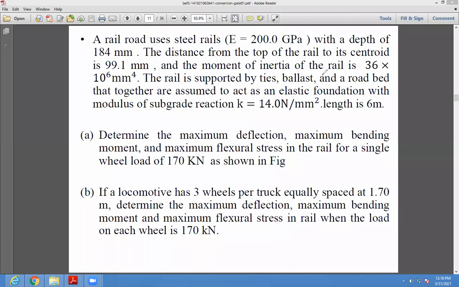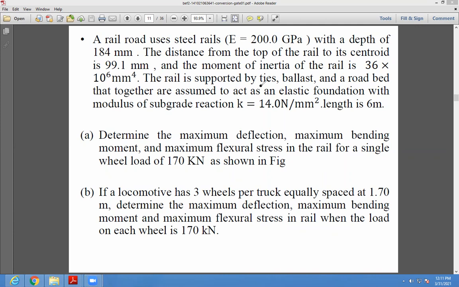And moment of inertia of rail is 36 into 10 raised to 6 mm fourth, full stop.